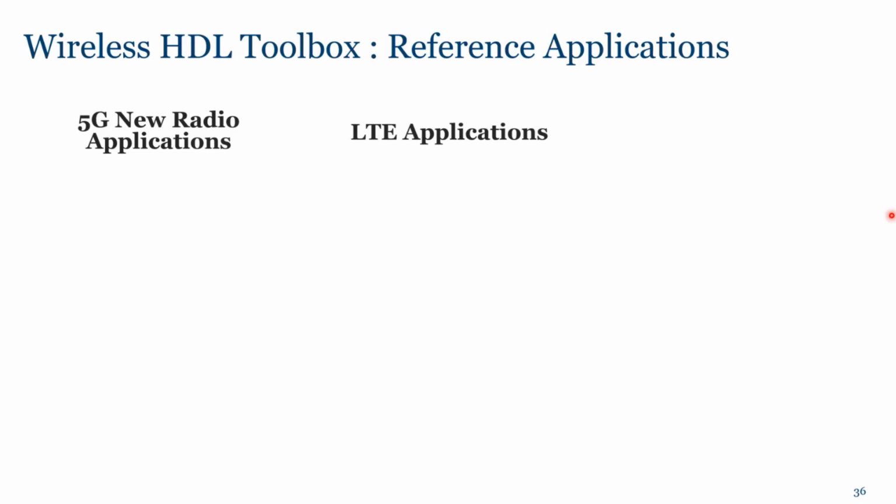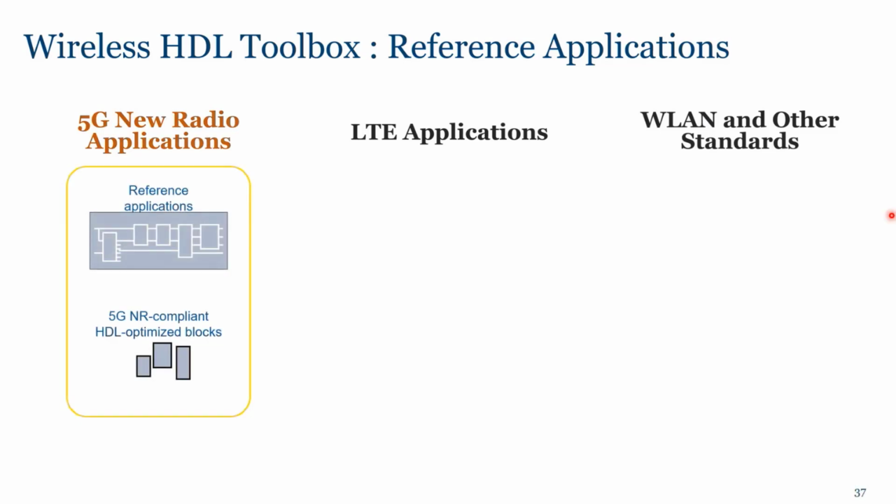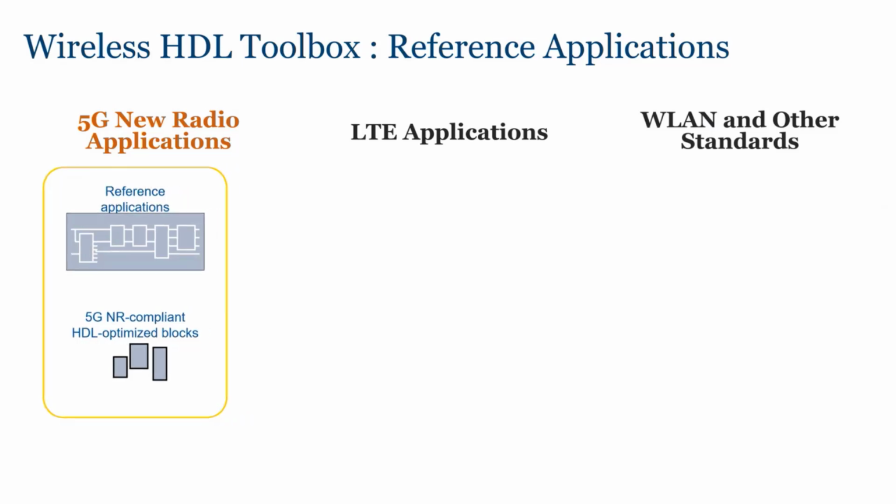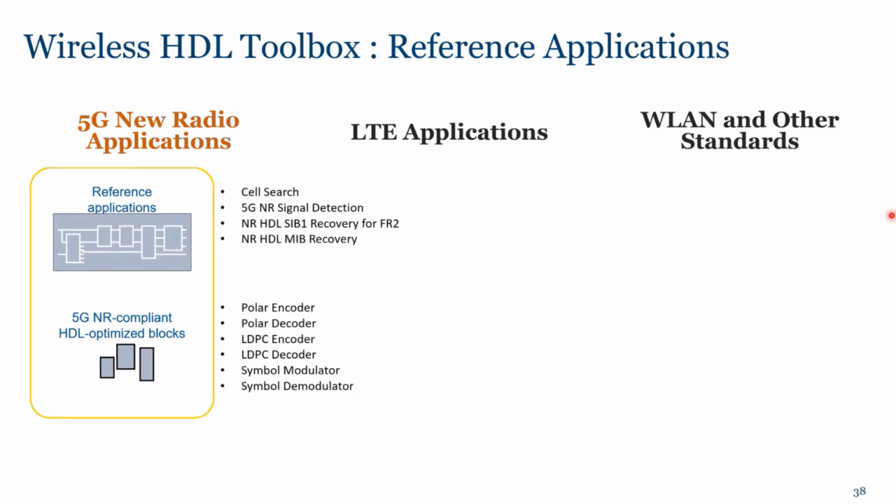So let's see, I will visit the 5G, LTE and wireless LAN standards and what we provide out of the box with the Wireless HDL Toolbox. For 5G, like I said, we have the reference applications and some 5G-compliant, HDL-optimized blocks. For these blocks, you will also have some metrics on the resource usage they will have once they are implemented and deployed on hardware.